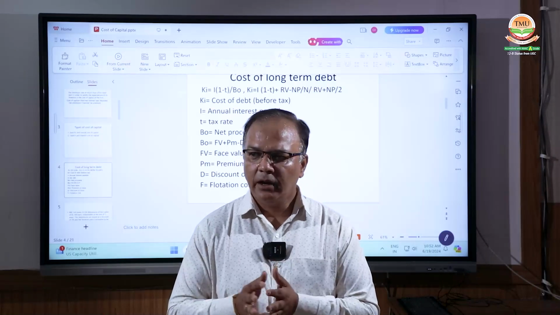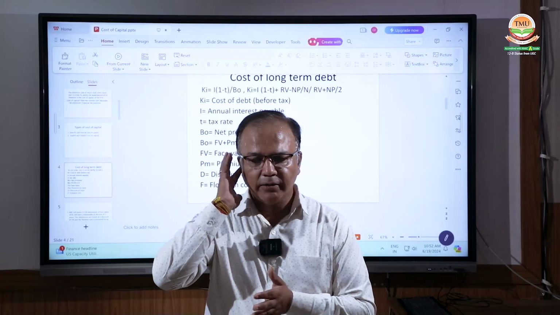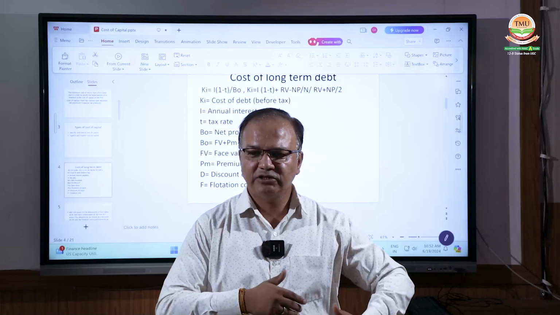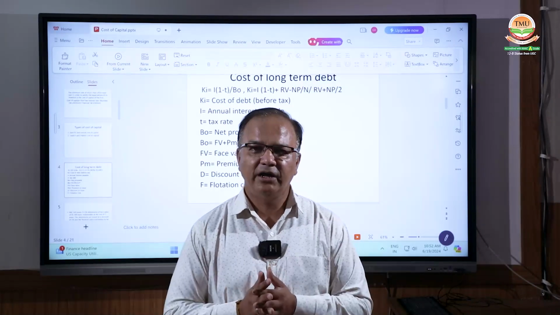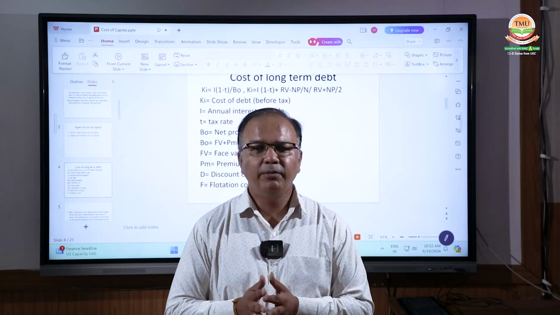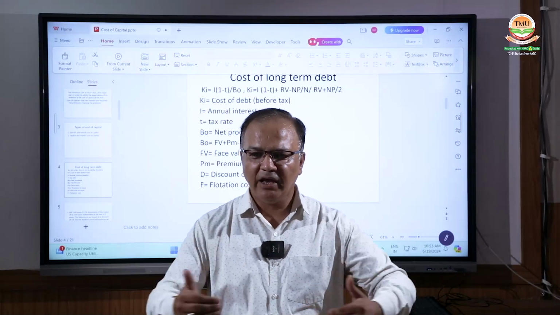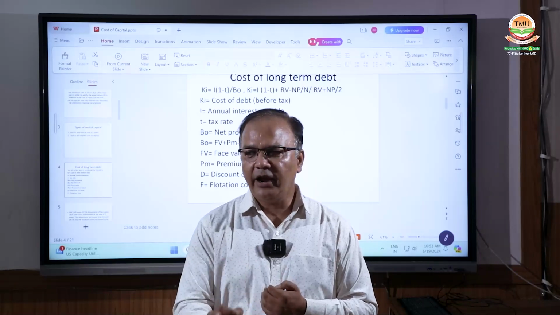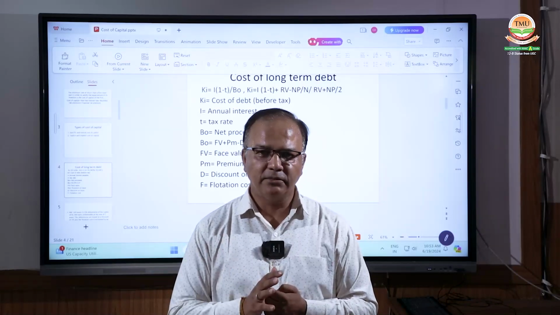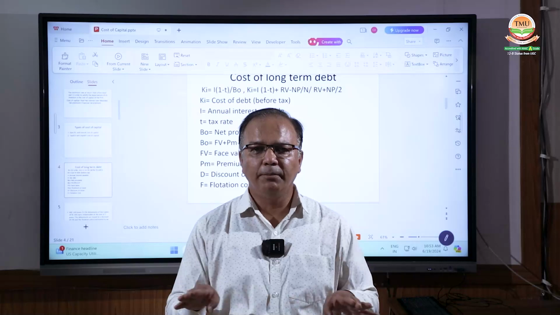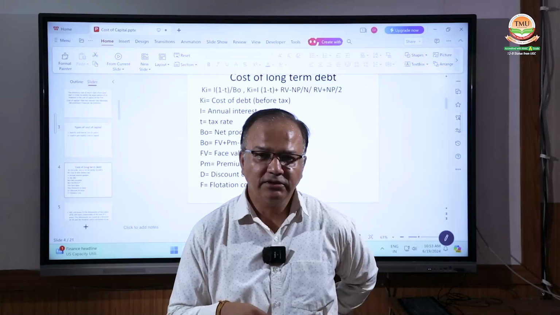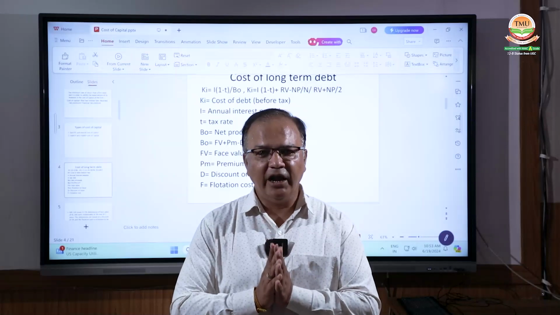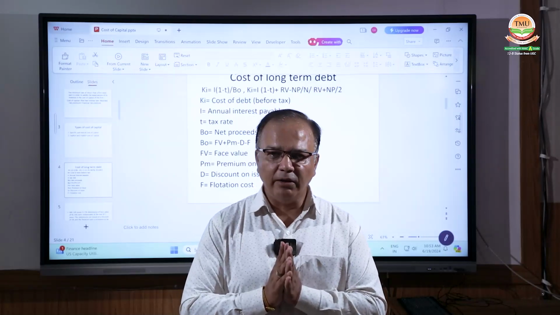Whenever I am collecting this type of bond, normally the rate of interest which is charged by the individual will be higher. If I am taking the same example, in that case, I should pay the interest at the rate of 20% per annum so that it may be comparable. Now, it's an example of irredeemable debt.